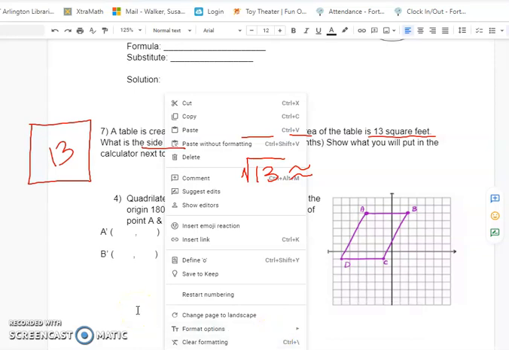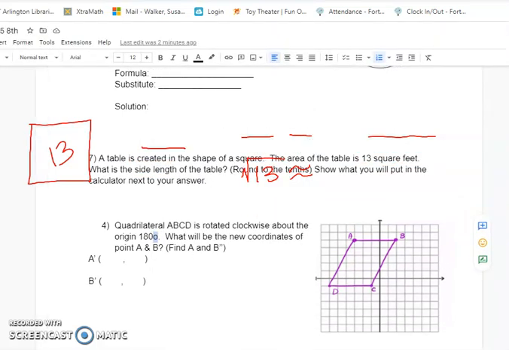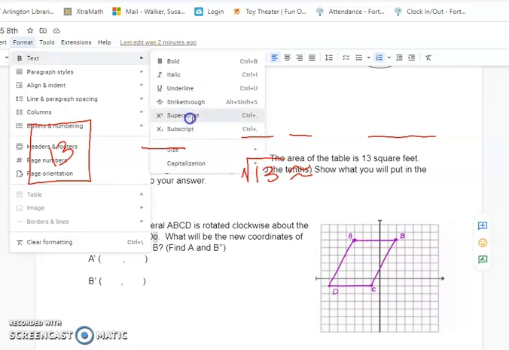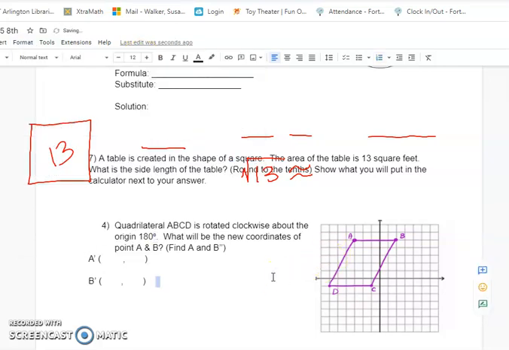Well, I'll have to figure that out here in a minute. Oh, maybe if I do this. So strange. Superscript. There we go.